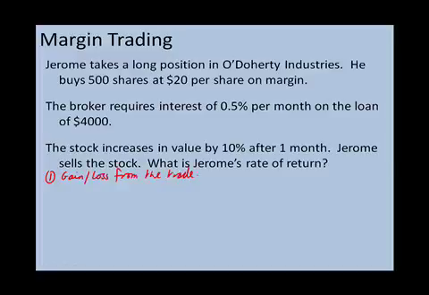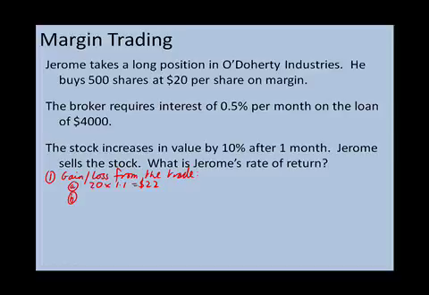Doherty Industries increased in value by 10%. So that means the stock price went from 20 to 22. And we know that at that time, Jerome then sold the stock at $22 to get rid of his position.